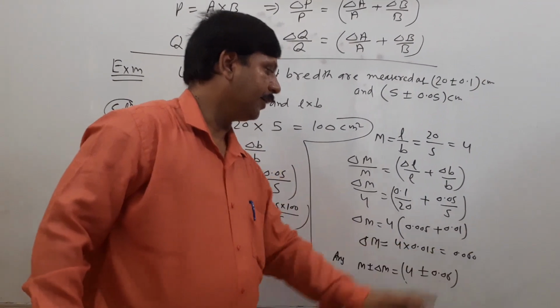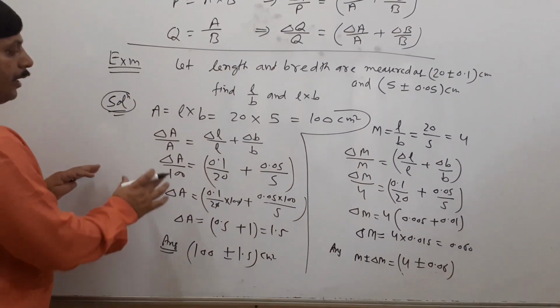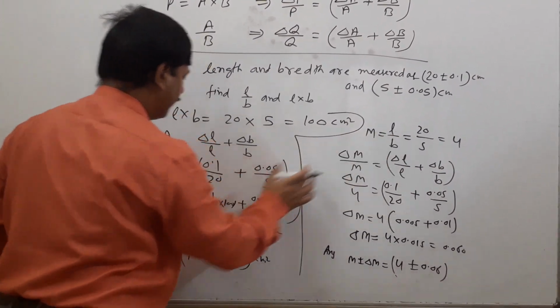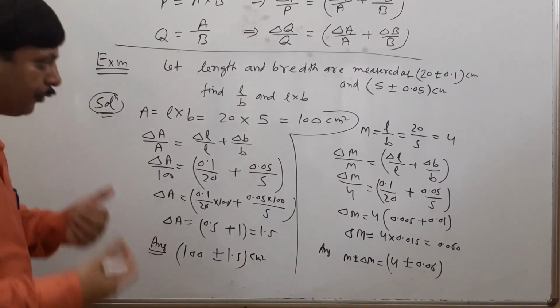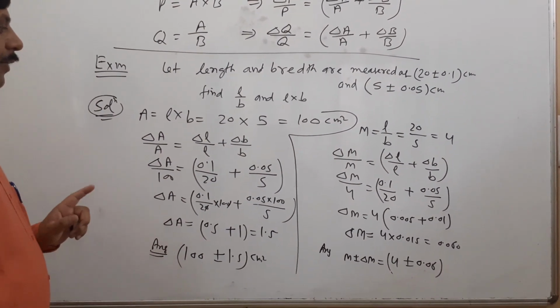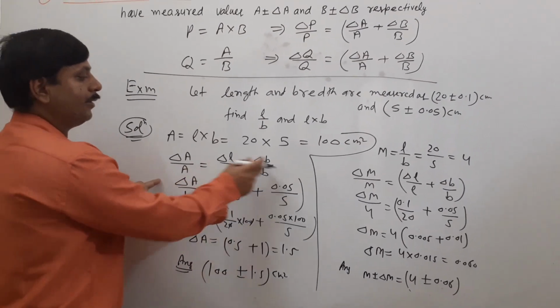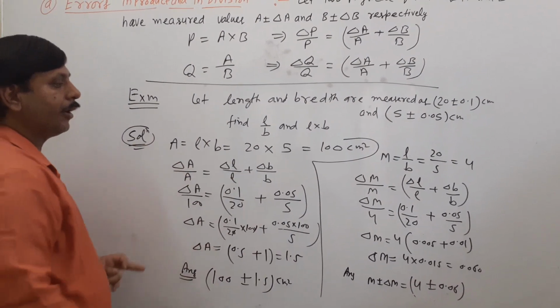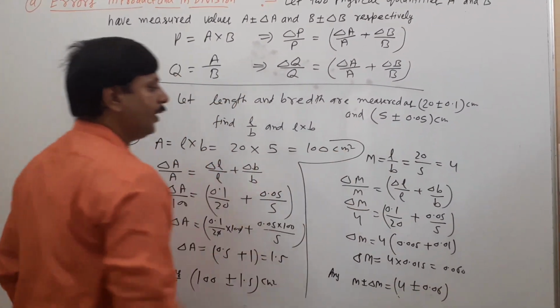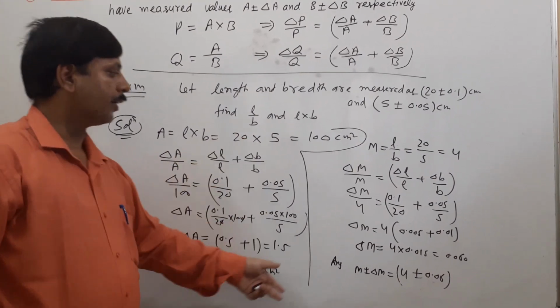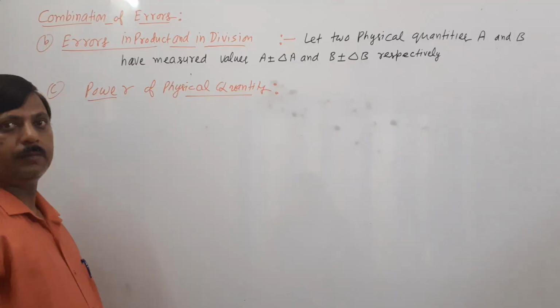So you have seen here in both cases, in product and in division, when we want to find the relative error, we have to go for the sum of the individual relative errors. I have found it for both product and division.